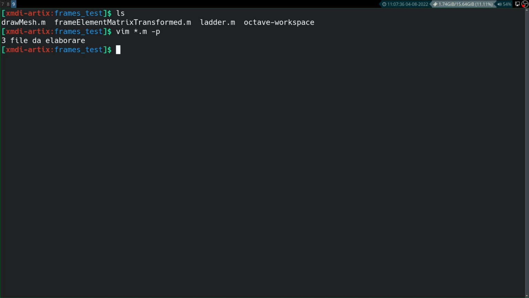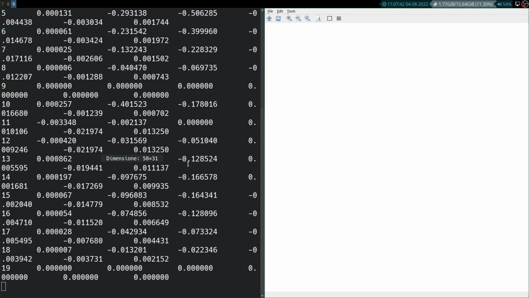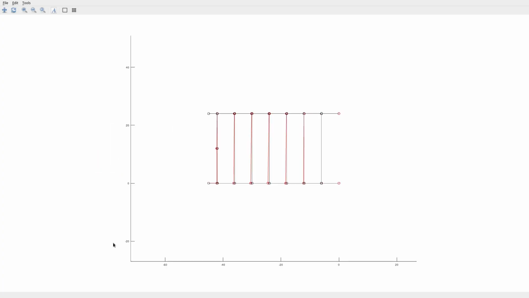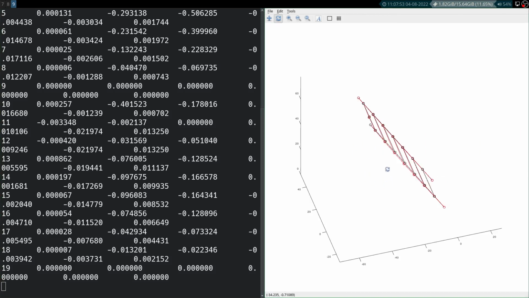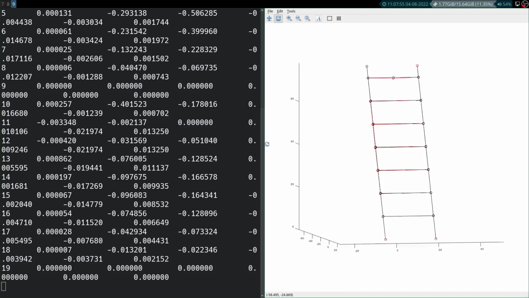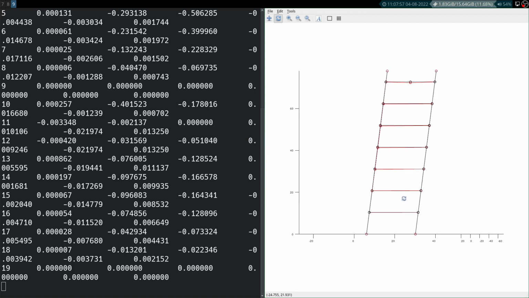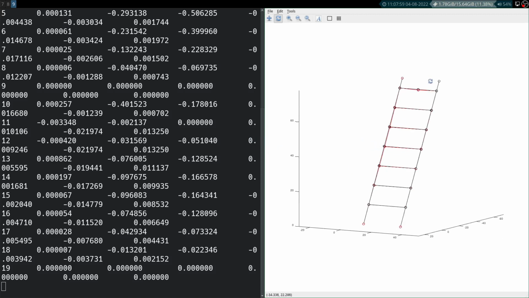So if I run this, octave ladder.m. Let me just show this side first. So this is basically the ladder. You can see here is where that guy is pushing, and here's where the guy is standing.